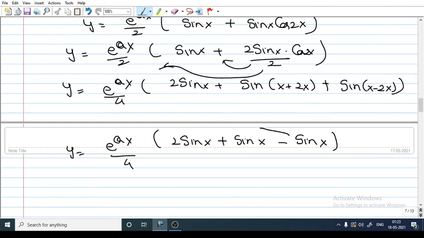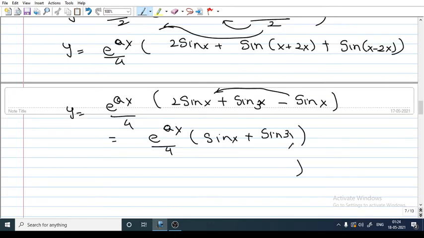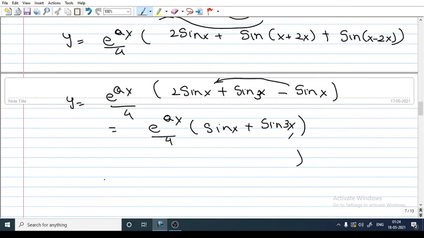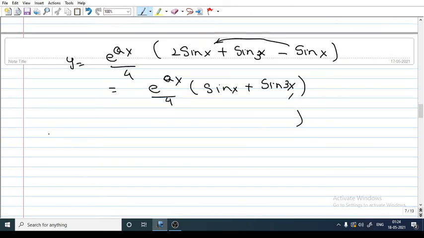Now this sin x will cancel out one of this 2 sin x and we will be left with e power ax by 4 into sin x. Sorry, here it will be 3. Yes, sin 3x.